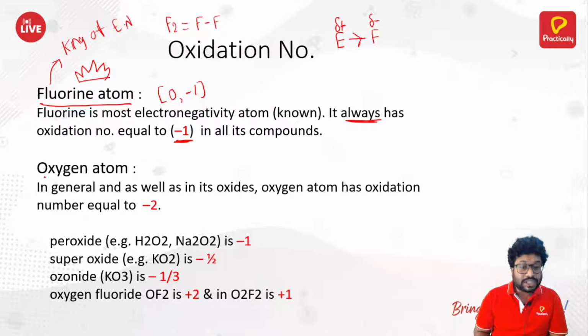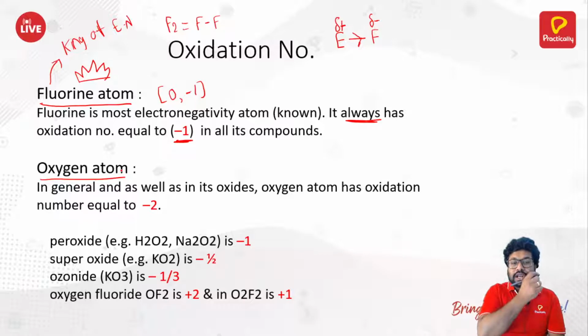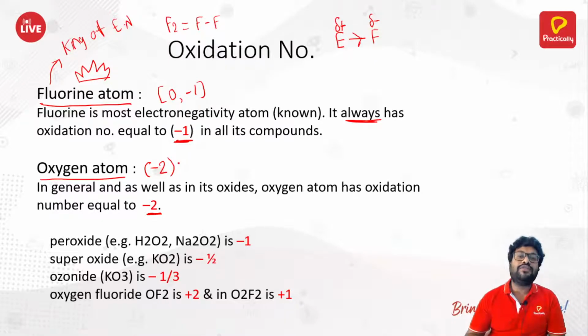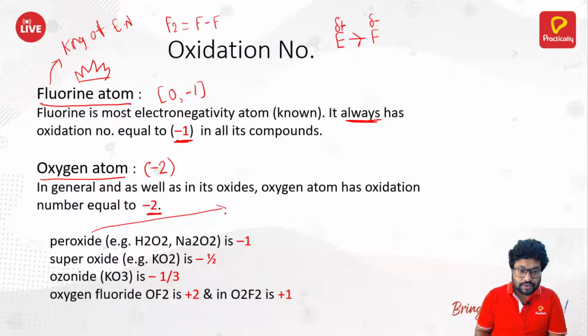Next is oxygen atom. Now in general, as well as in its oxide, oxygen atom has oxidation number equal to -2. Now -2 is its common oxidation state. More often than not you will see oxygen showing -2, but yes, there is quite a variation. For example, in peroxides, oxygen is bonded with hydrogen.